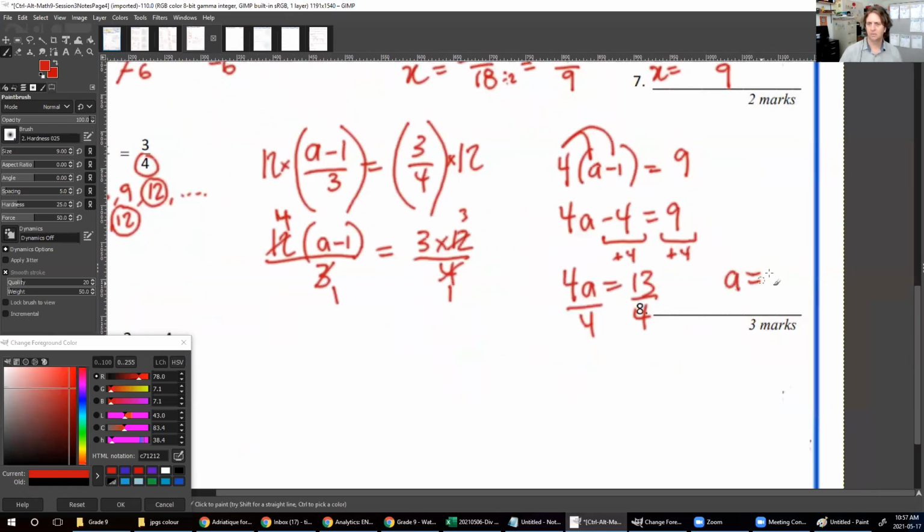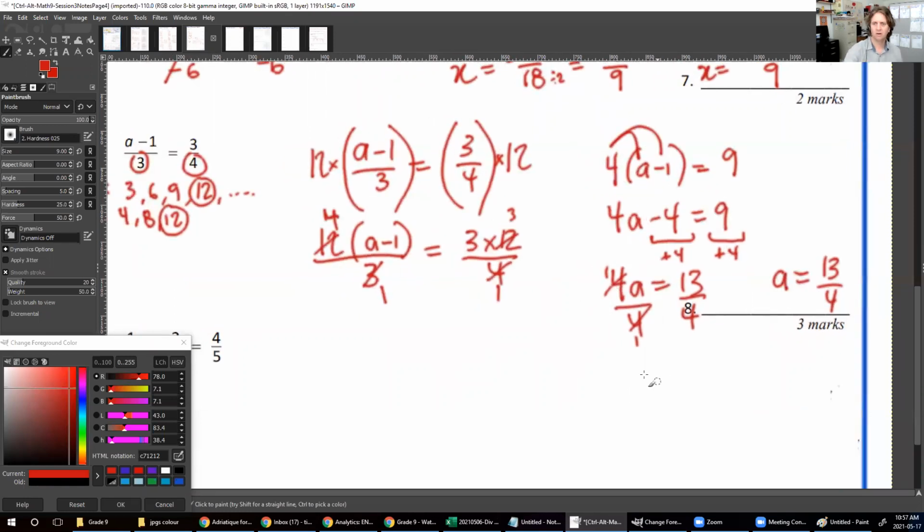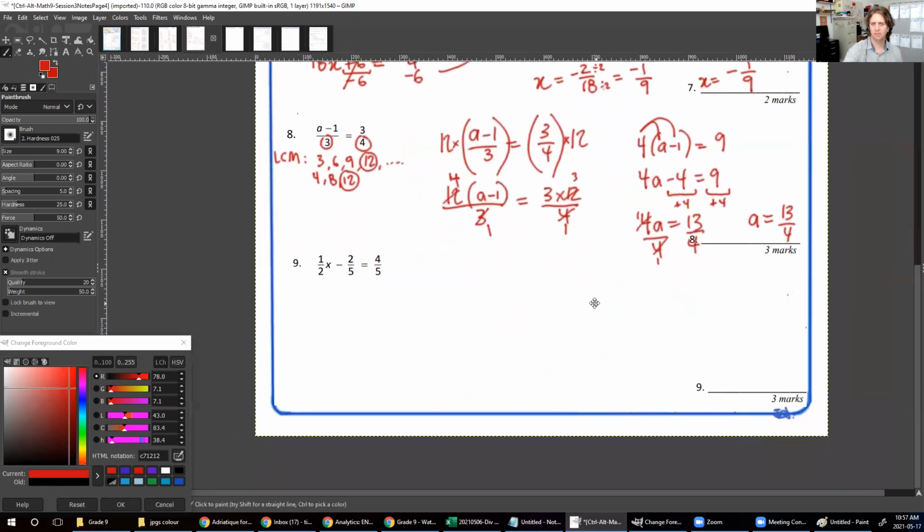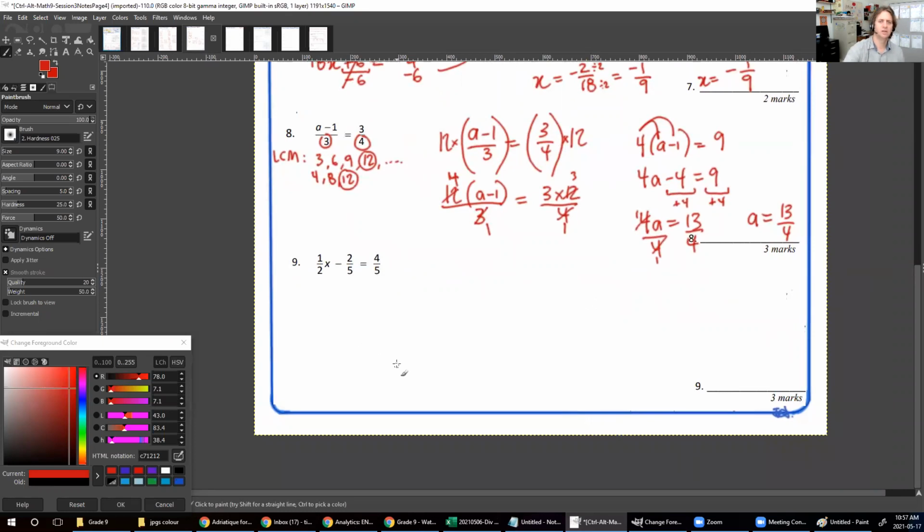And a is going to be 13/4. I'm going to also leave this up so that if you want to copy that one, you can, and I'm going to finish this last one. The last page isn't that long, so we're not that far off of schedule.